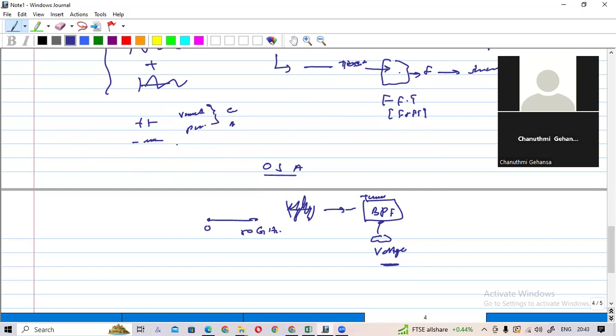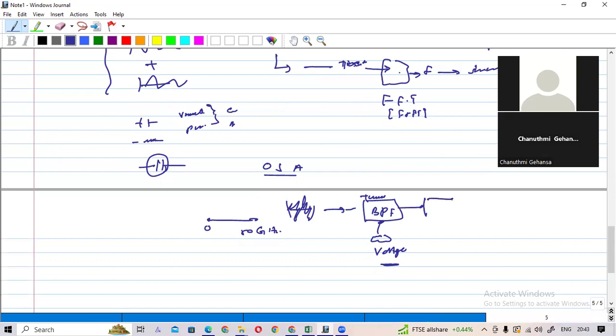This band pass filter is based on capacitance and inductance, so when we change the capacitance, we can change the band pass filter properties, the pass band. So you can tune it. Then you get a band, and that band can be sent to a power meter. A power meter also you can construct very easily.